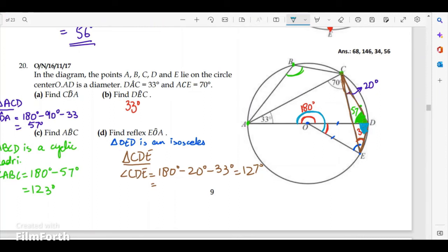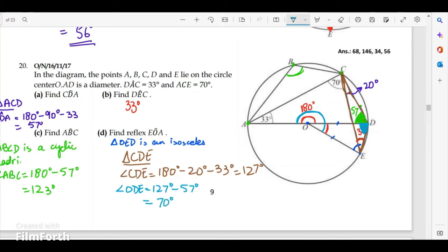So angle ODE would be equal to 127 degrees minus 57 degrees. So this would give me 70 degrees.